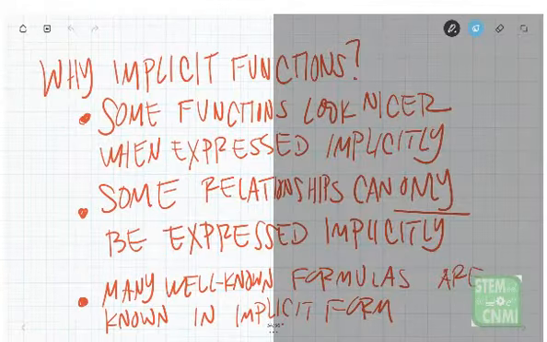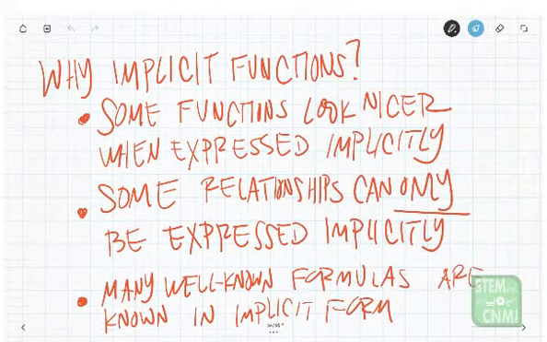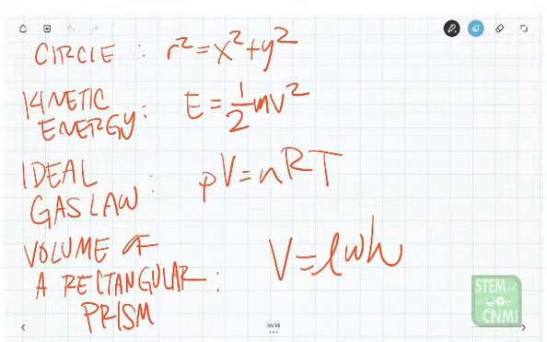And finally, there are also just many well-known formulas that we already know in implicit form, and we don't want to have to modify them or rewrite them. And some of these equations: the equation of a circle, r squared equals x squared plus y squared; the equation for kinetic energy, energy equals 1/2 mv squared; the ideal gas law, PV equals nRT; and the volume of a rectangular prism, V equals length times width times height.